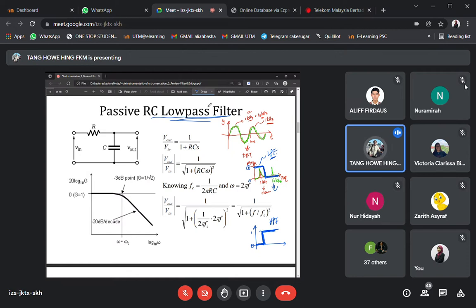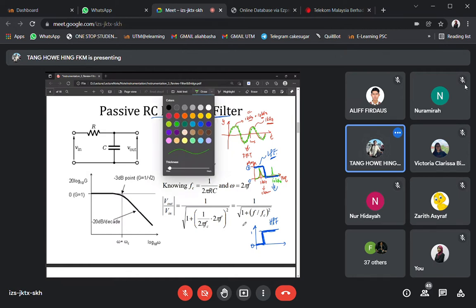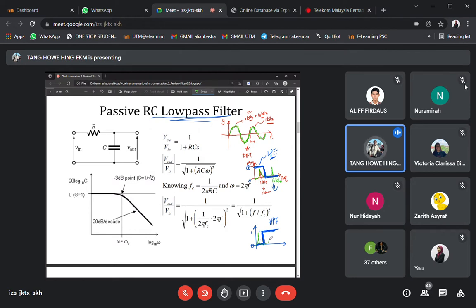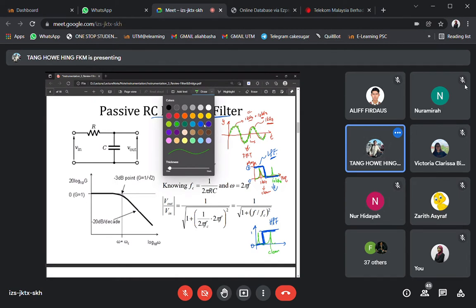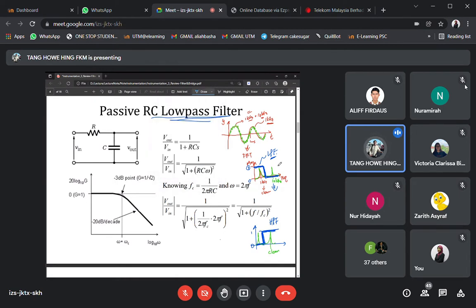But if the clean signal is in the high frequency, and you want to remove low-frequency noise, in that case we are going to use a high-pass filter. So that is the main difference: using the low-pass filter, we get rid of high-frequency noise, and using the high-pass filter, we get rid of low-frequency noise.